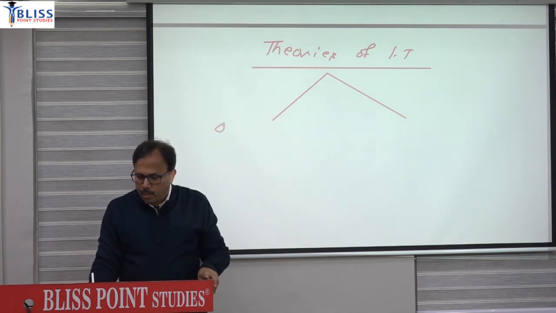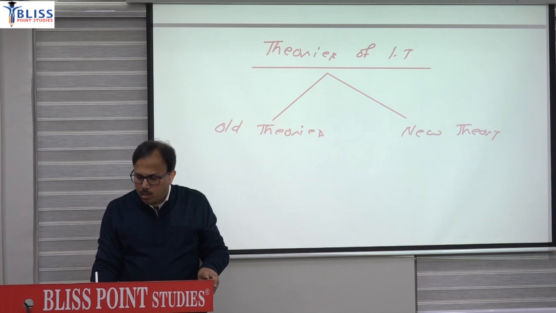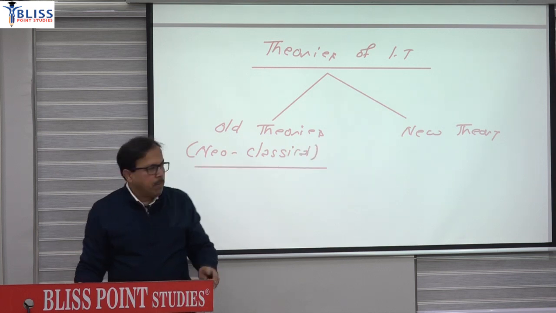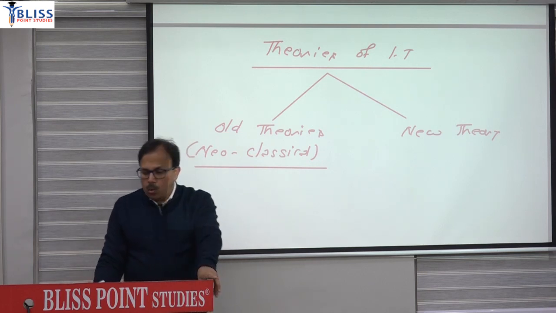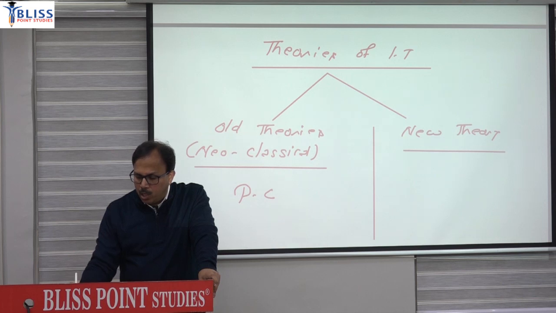So either you can call it the old theory, the alternate is the new theory. The old is referred to as neoclassical, and the main difference between old and new is that the old assumes that the market is perfectly competitive, and the new one assumes that the market is imperfectly competitive.